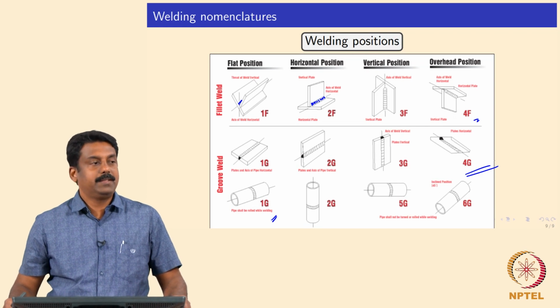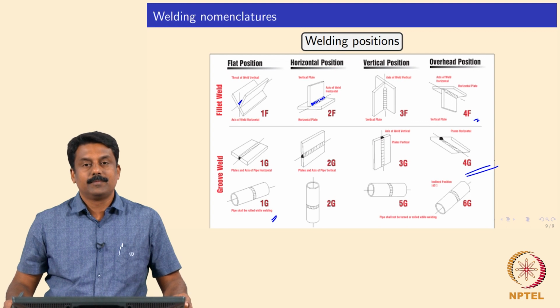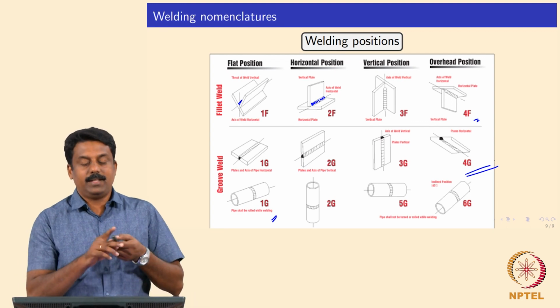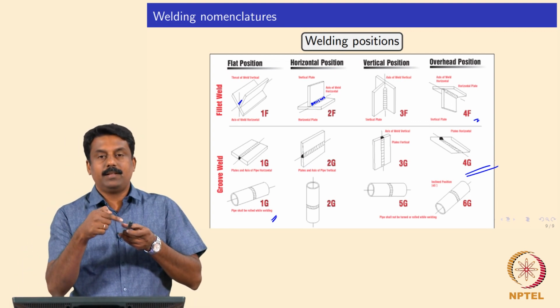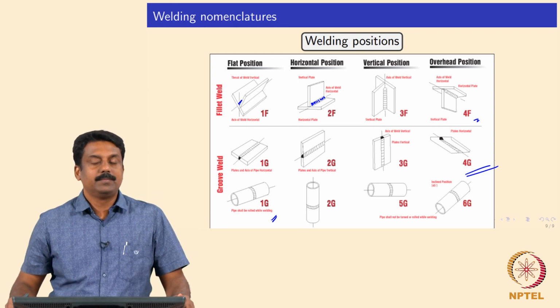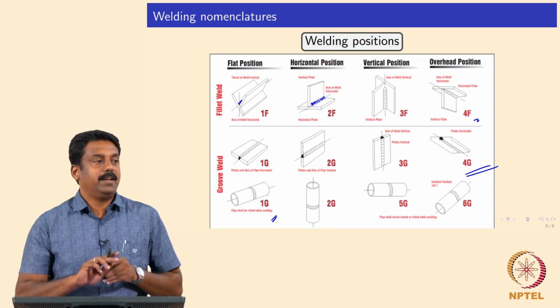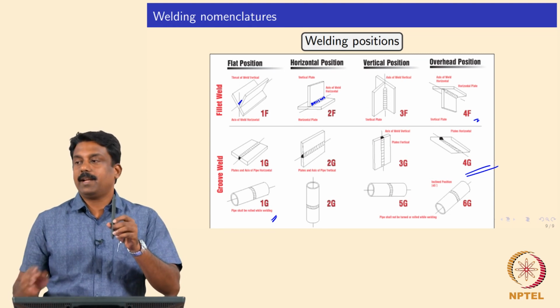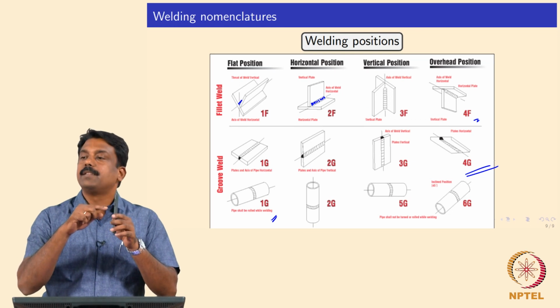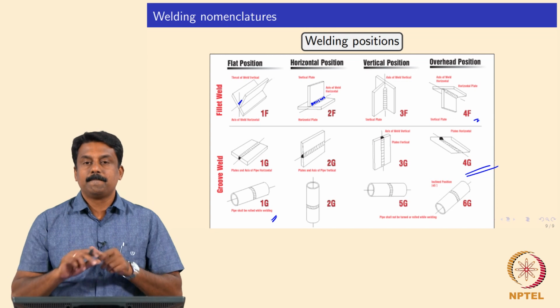Then 1G in pipe is very simple, the groove weld, the pipe is rotated, it is very easy. So when the pipe is rotated, the torch can be stationary. And then 2G is where the pipe is kept vertical, okay, still the pipe is rotated, reasonable, isn't it, right.